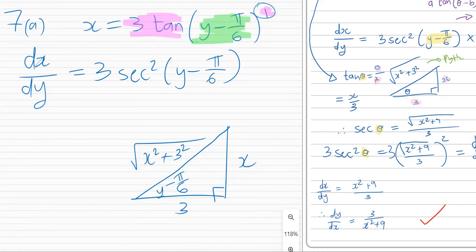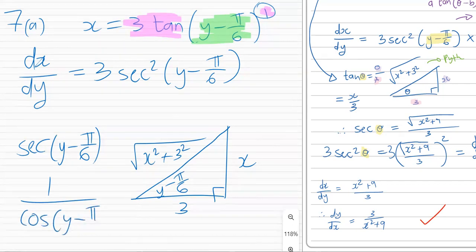We've made ourselves a 90 degrees triangle. And so sec squared, well, let's start with sec of y minus pi over 6. Looking at our triangle would be equal to 1 over cos of y minus pi over 6.